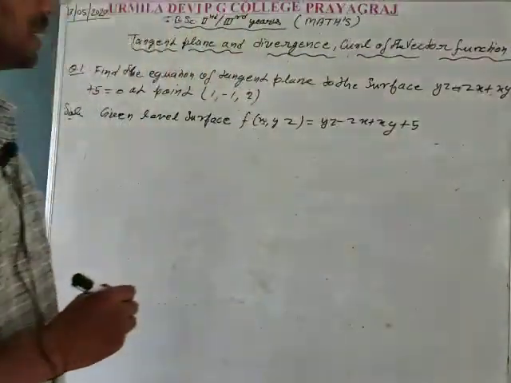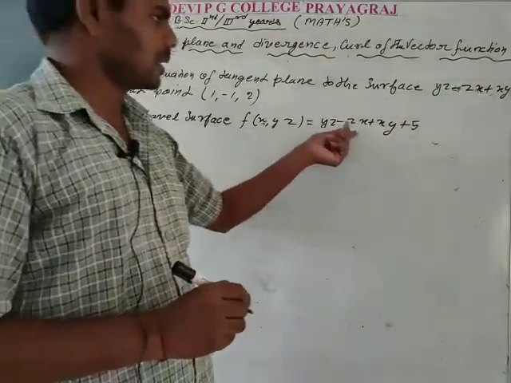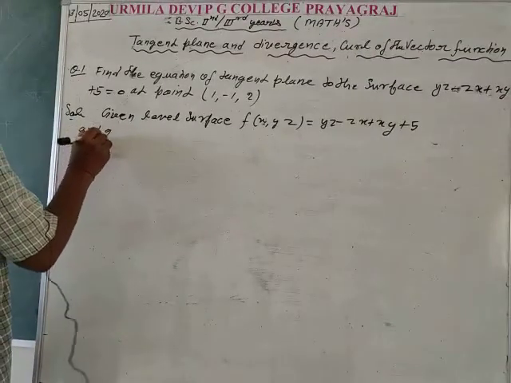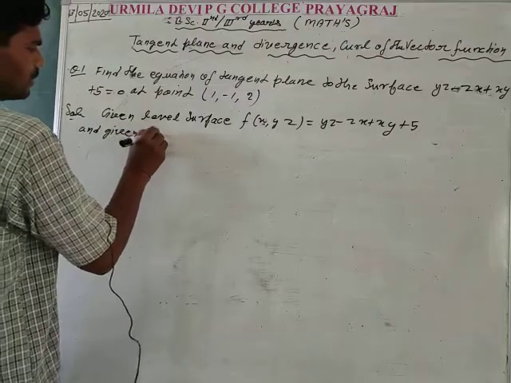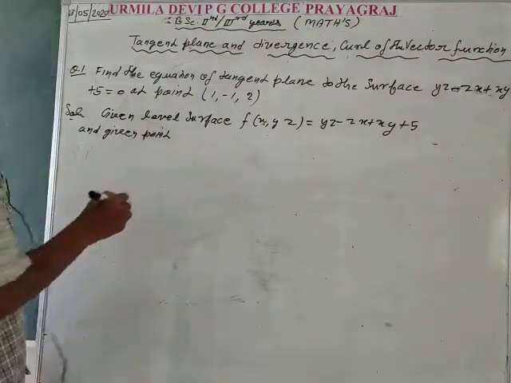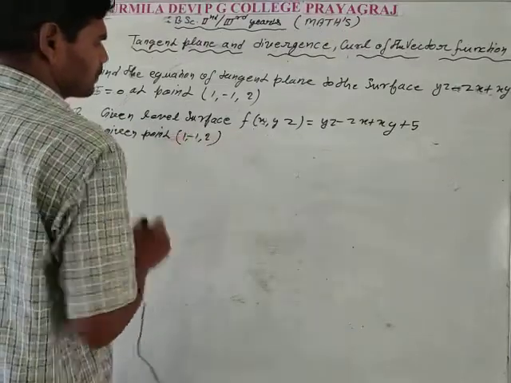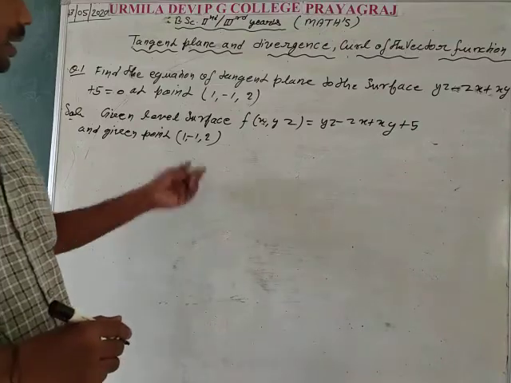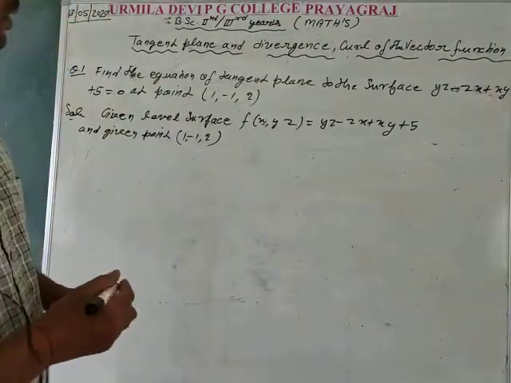This is the equation of the level surface f, and the given point is 1, minus 1 and 2. Then to find the equation of the tangent plane at this point for this surface, write the equations.